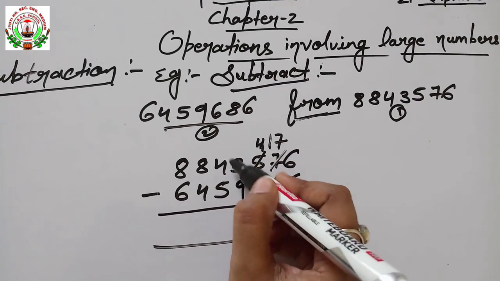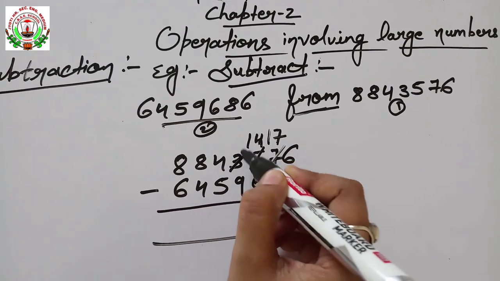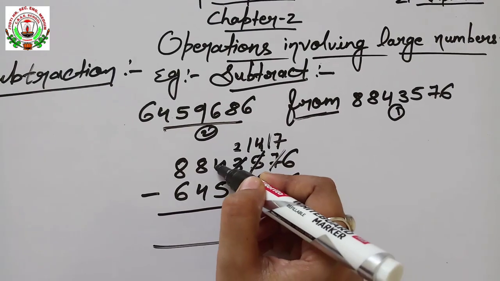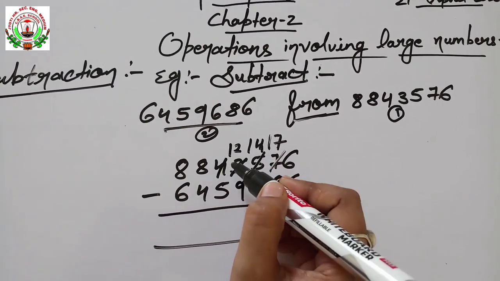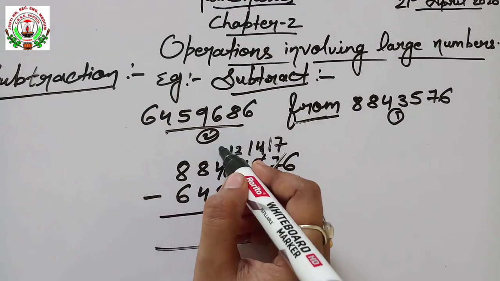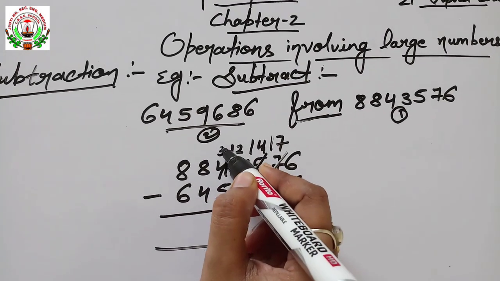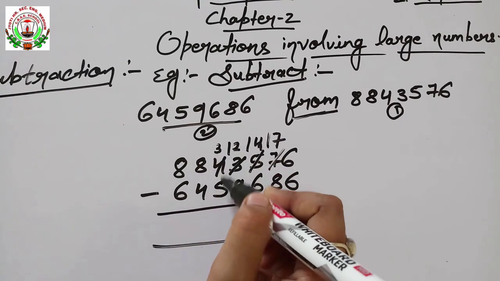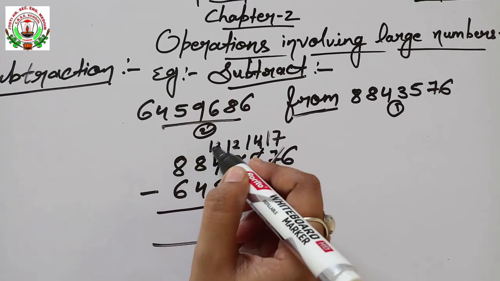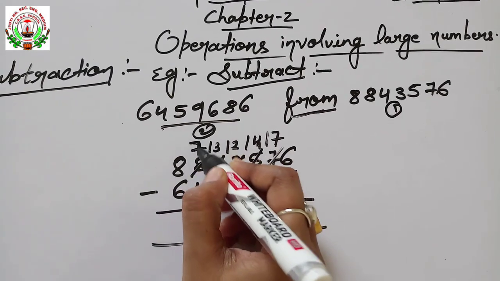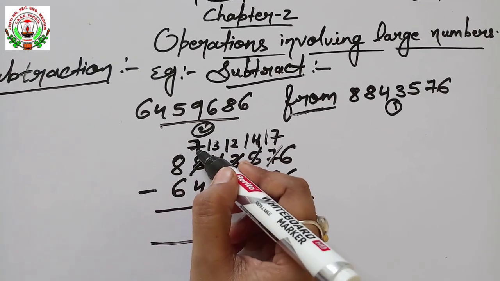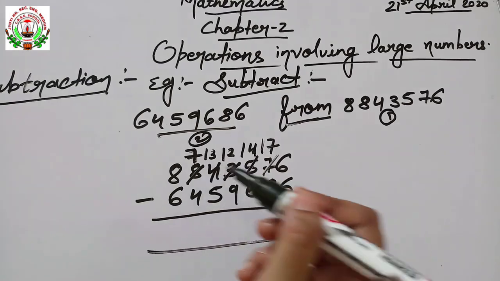Again we will borrow 1 from here. Then here 2, and again we have to borrow 1 from here. This will become 3, and again we can't subtract here. 3 minus 5, then again we have to take 1 borrow from the number on the left side, and here 7. Now here we can subtract as this one is greater.